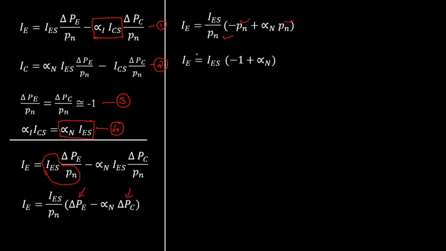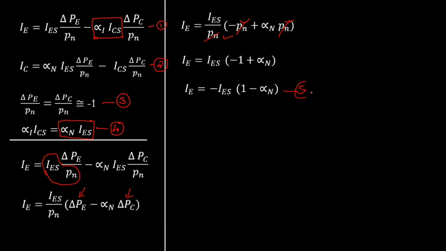If I take it outside, this Pn and Pn will cancel each other. I will get only this, and I will rearrange this expression like this: IE, the emitter current, is equal to minus IES into 1 minus alpha N. The emitter current depends only on the emitter saturation current and the current amplification factor in the normal mode. So this will be equation number 5.